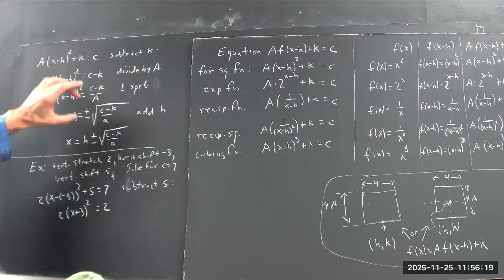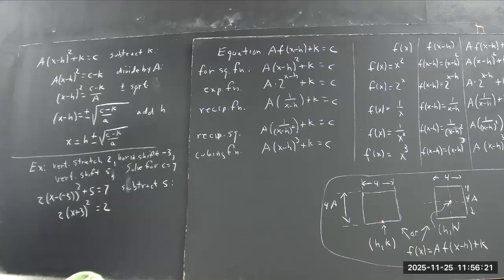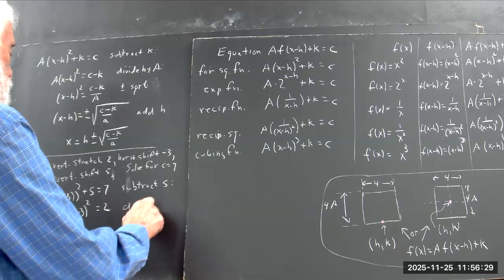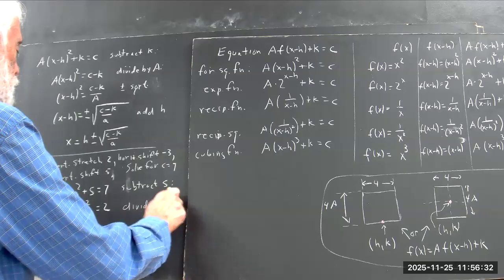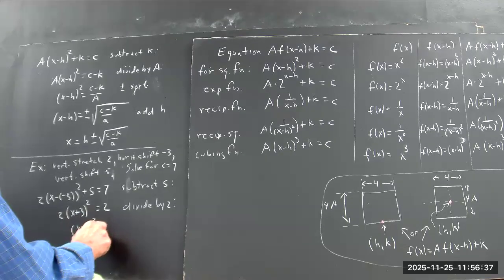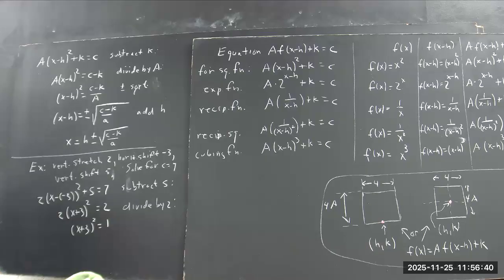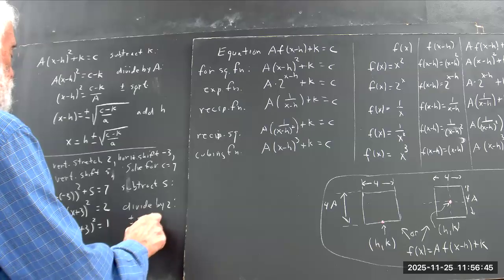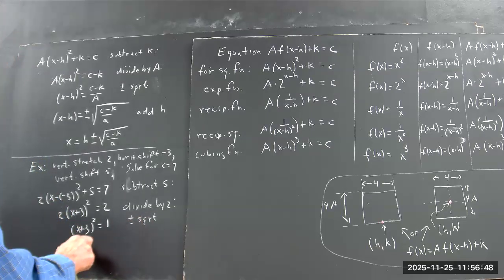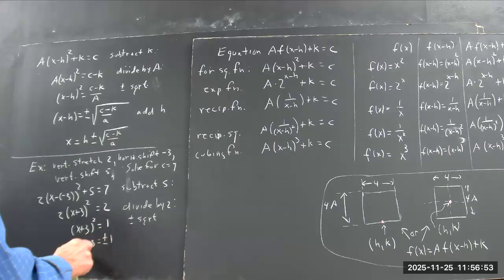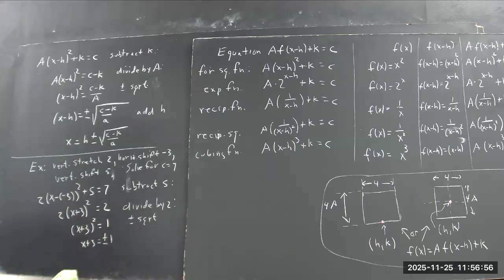We don't need to memorize this form to understand that we want to subtract 5 from both sides. And then divide by 2, and we get x plus 3 squared equals 1. Plus or minus the square root. We get x plus 3 equals plus or minus 1.